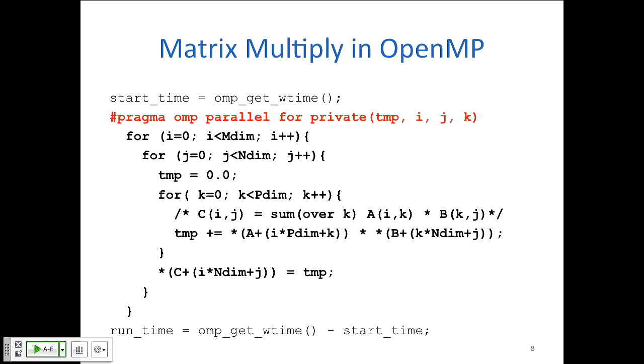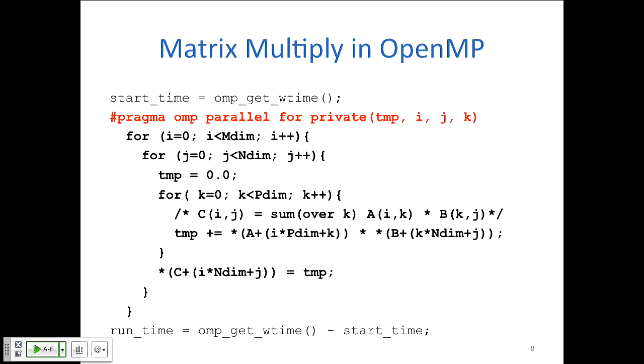And so this inner loop is just running down one row and one column of the input matrices and calculating the result in the output matrix. And then the outer two loops just traverse all the entries in the output matrix to calculate the result. So this is the M dimension, N dimension, P dimension for these three matrices. Notice in here you have a temp variable, which is just where you accumulate the sum.